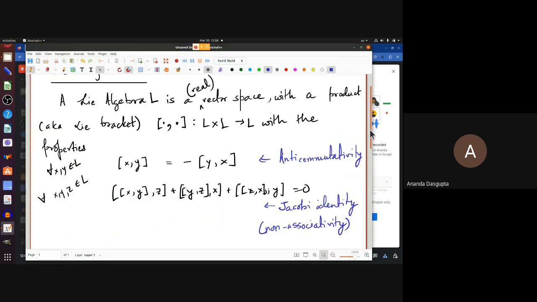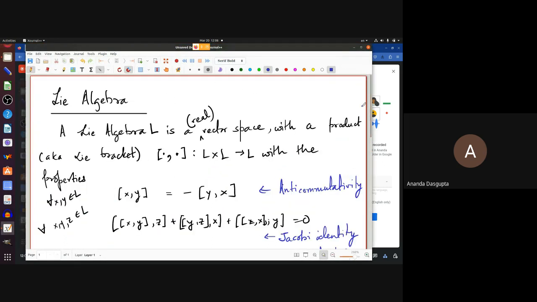I will just quickly recapitulate what we did the last day. We started talking about Lie algebras, and the rest of the lectures before this had been something which led to the idea of Lie algebra starting from a Lie group. We saw that the way in which elements of a Lie group behave is more or less determined almost entirely by what happens close to the identity.